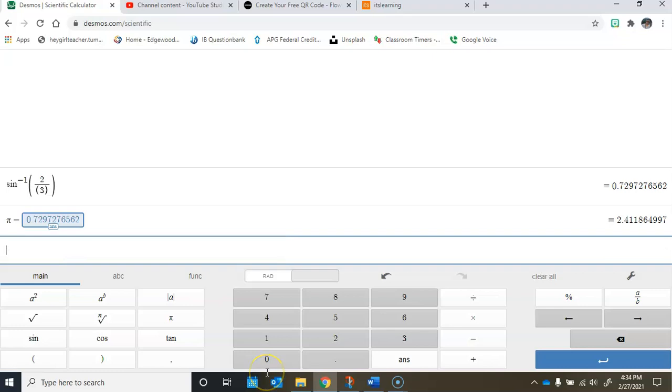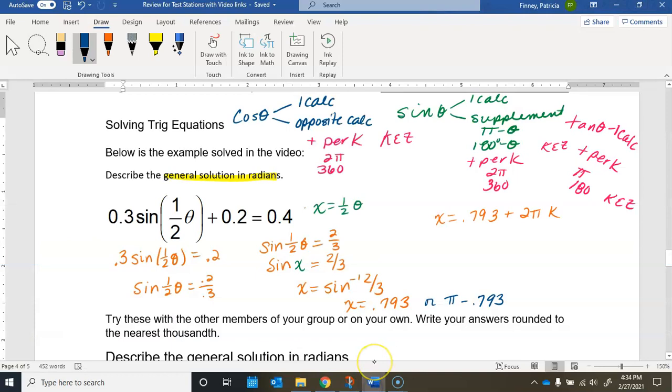And I got 2.412. So that tells me that my second answer is 2.412. And if I were trying to find x, that's all I would have to do.